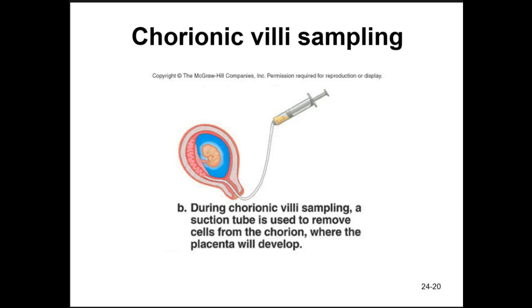This procedure has the advantage that it can be done at 8 weeks, but it's usually done more like at 12 weeks, whereas with the amnio, you typically have to wait until you're at least 16 weeks to do the amnio. The problem with this procedure, though, is that there's a higher rate of miscarriage and a higher rate of genetic mutation with this procedure, only because you're not just taking fluid, you're actually disrupting some of the tissue in the placenta attached to the developing baby.